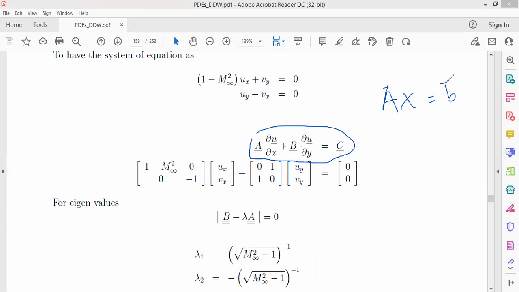You have all of these. This is some constant kind of column matrix. That is for the right-hand side. And then you can generate the matrix A here. But now here, what is going to happen, since we have two independent variables, X and Y, this is only in one variable.